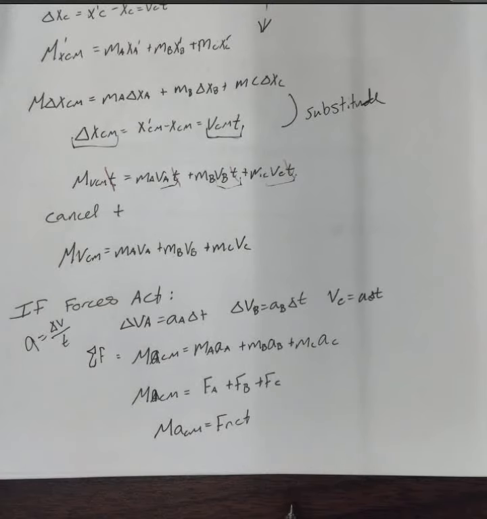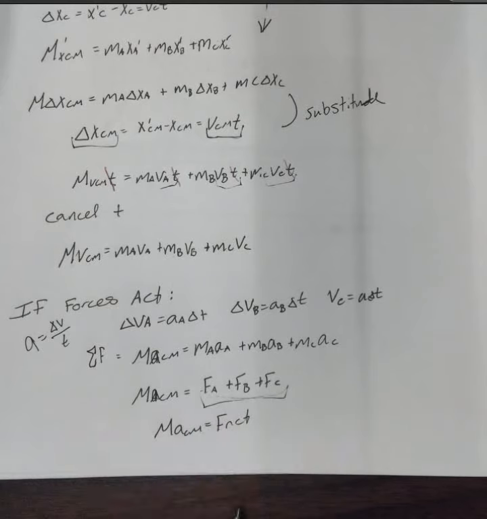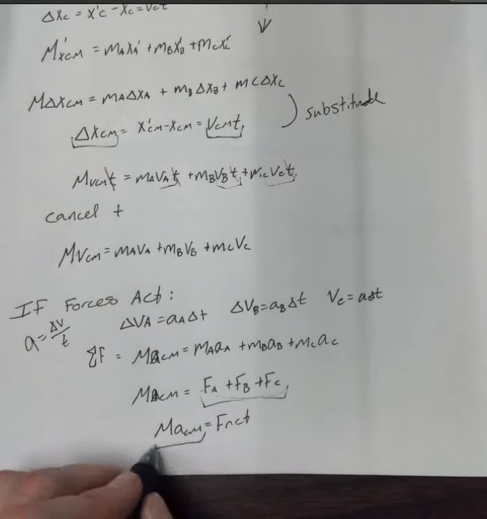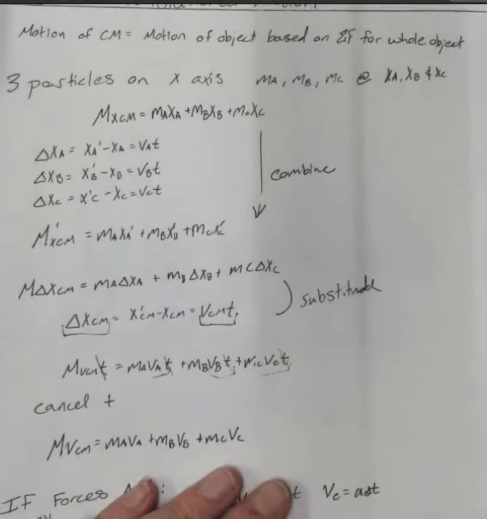So that means that the net force, which is exactly what that equation is, will give us the net force experienced by the center of mass. And that's a pretty dang convenient situation to be in.